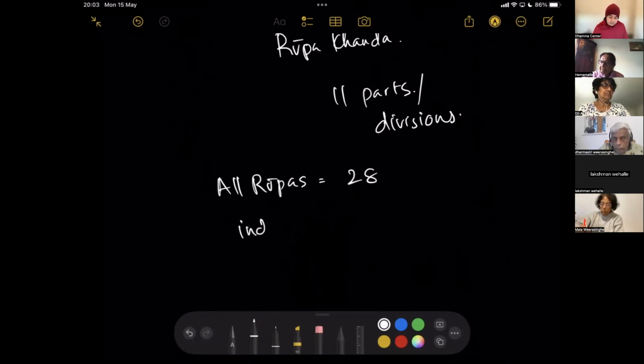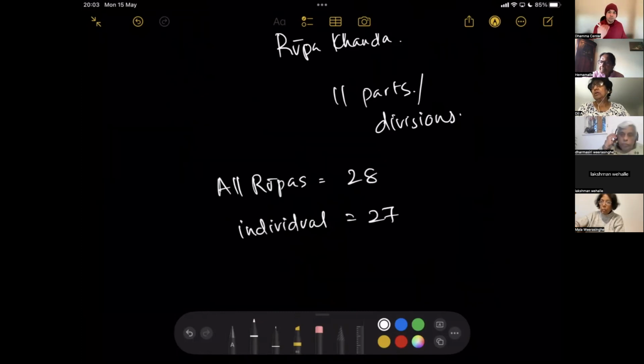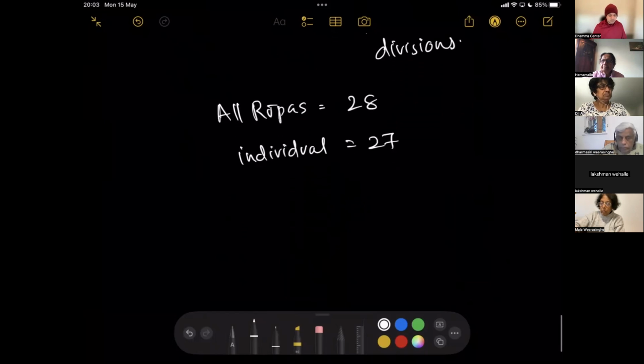An individual, 27. What is missing? For me, it would be the Itthi Rupa. For the ladies, it would be the Purisa Rupa. Now, of course, there are anomalies where both the Itthi and the Purisa would not exist as well.